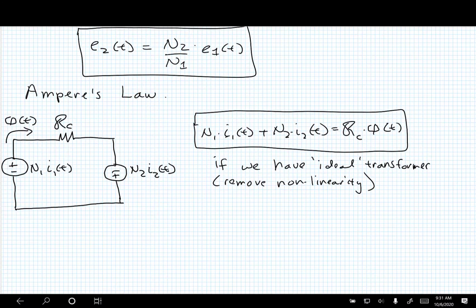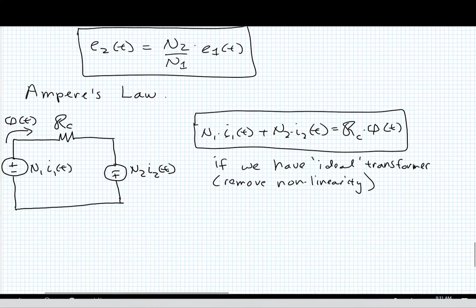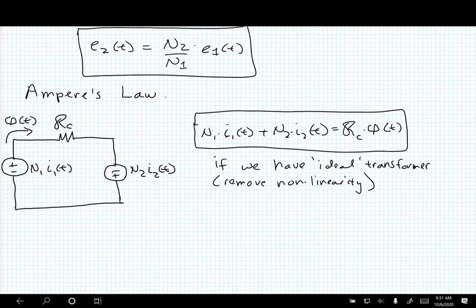If we remove the nonlinearity, does anybody have an idea what we would do to this transformer to make it ideal? This is the class participation part. Got any ideas? No?